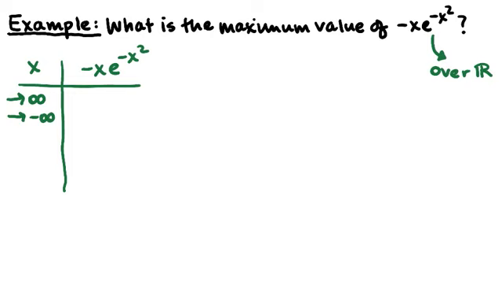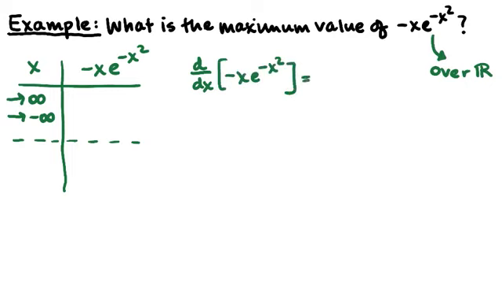Now, as far as the critical points go, this would be a good time to practice our product rule. Right? So the derivative of -x e to the -x squared. I'm going to take the derivative of -x first. That's the easy one. So that'll be -1 times, leave this one the same, plus leave -x the same and take the derivative of e to the -x squared.